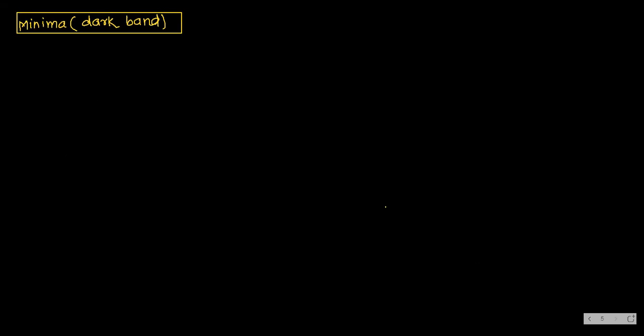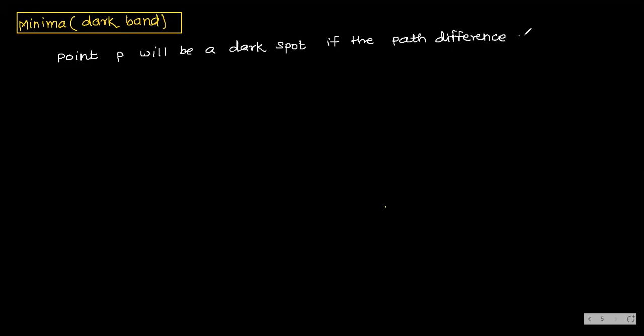So see here, point P will be a dark spot if the path difference x is an odd multiple of lambda by 2.